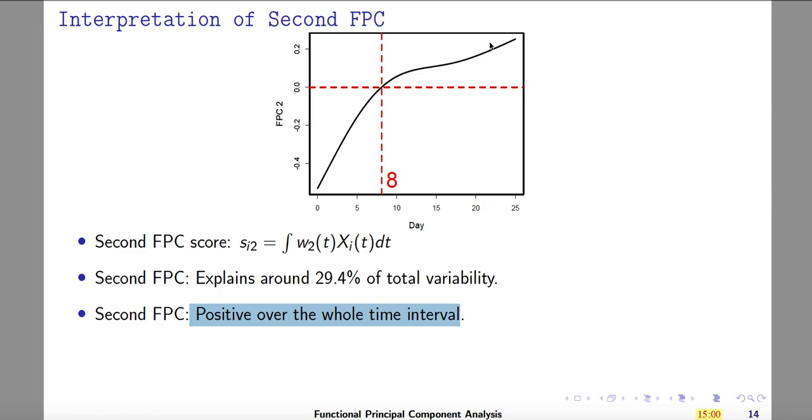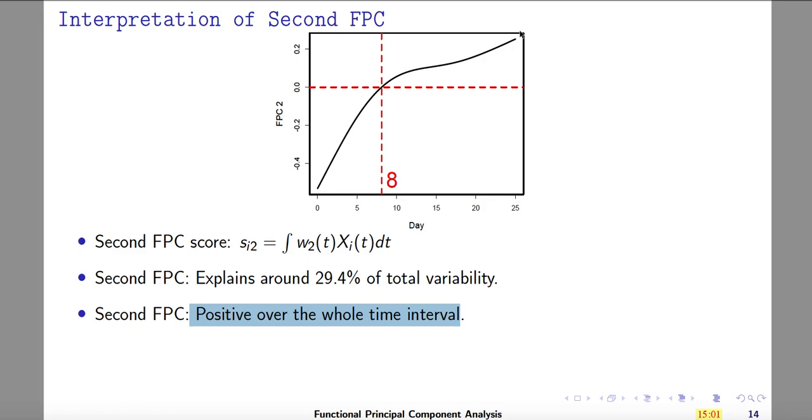So again, the second FPC score is also a weighted average of the curve Xi(t). The difference here is that W2(t) is negative before day 8 and positive after day 8.